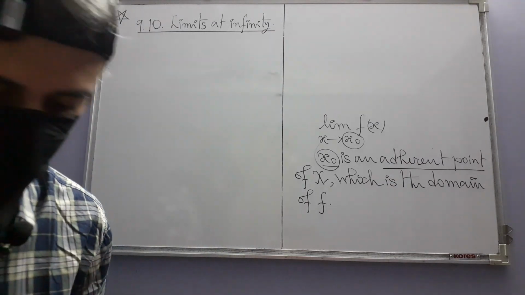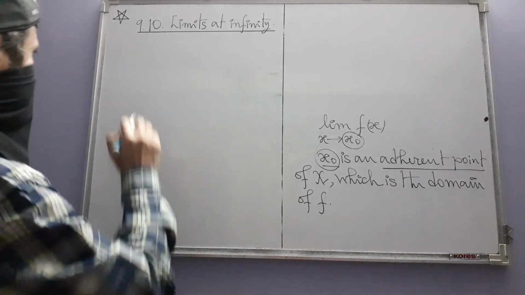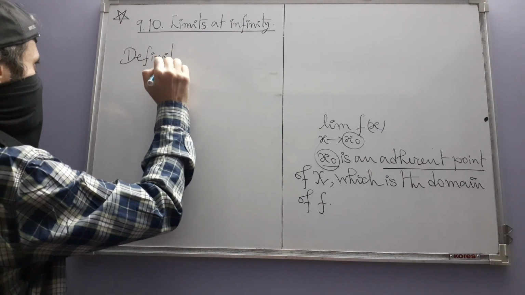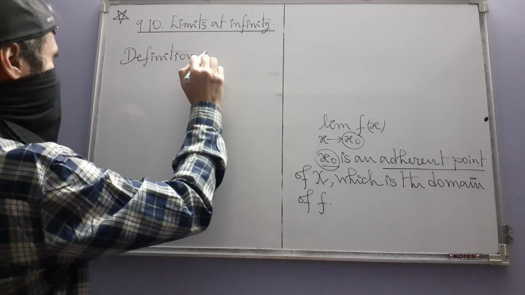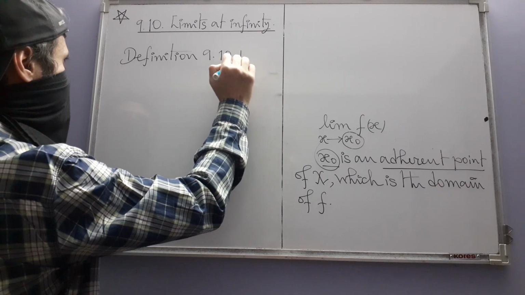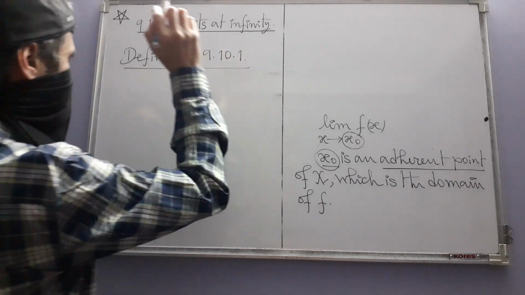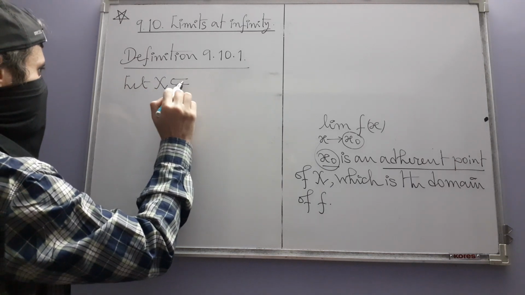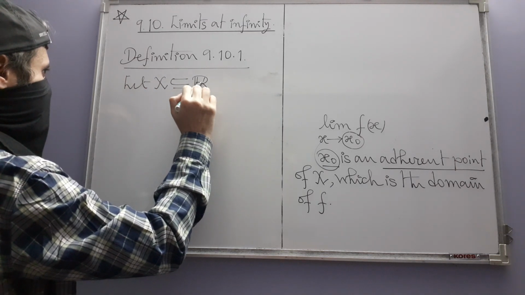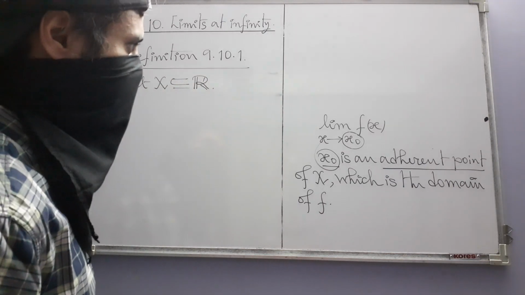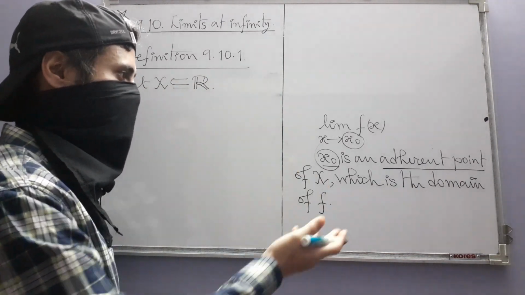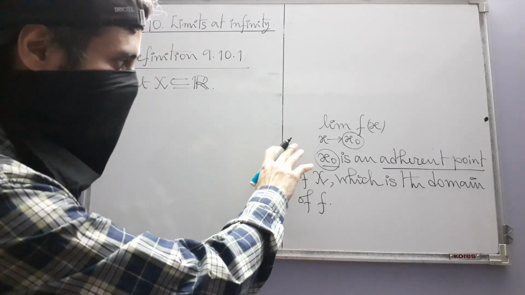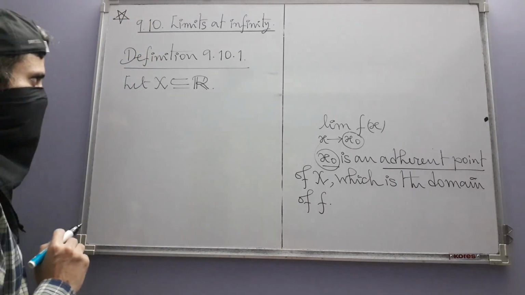So it is with that definition that this section starts. So let us start like that. This is definition 9.10.1. Let capital X be a subset of R. While defining adherent point, of course, we do not need any function, but while defining limit, a function will have to be considered.